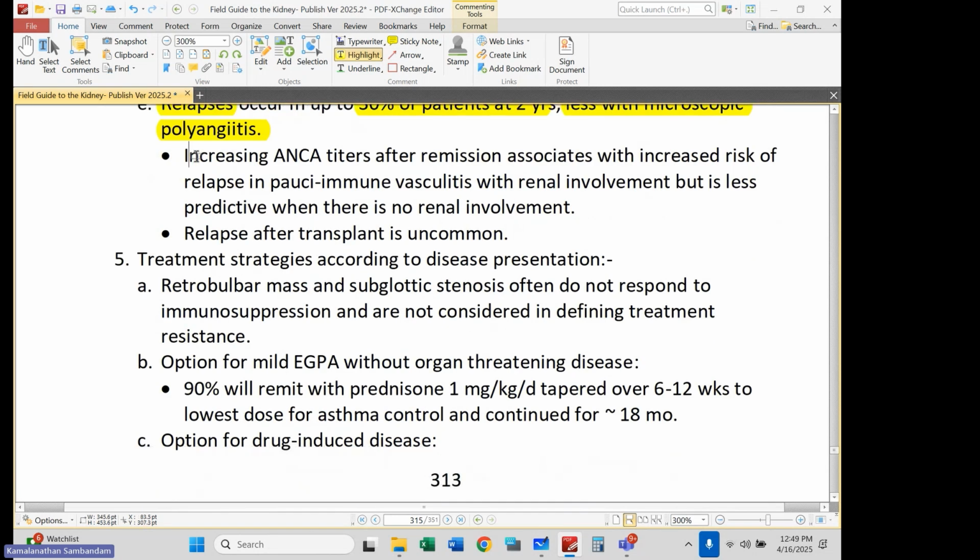Now there is a tendency for ANCA titers to increase before relapse. Now, there is a bit of controversy here. If you are in rheumatology clinic, they don't typically monitor ANCAs as a routine in somebody who's in clinical remission.